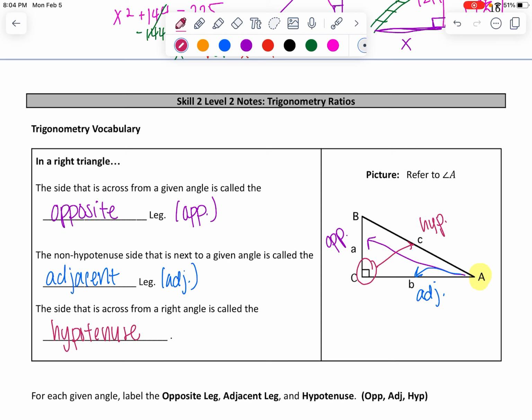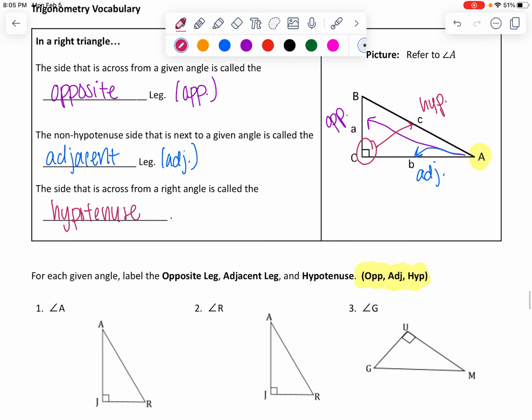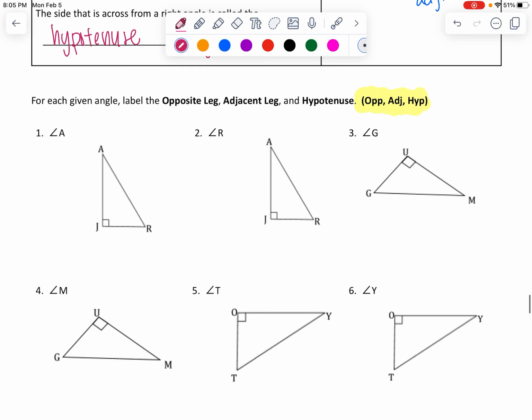Okay, now that we have all this labeled, let's move down to some of these example problems. It says for each given angle, label the opposite leg, adjacent leg, and hypotenuse. I'm going to abbreviate those big words as OPP, ADJ, and HYP. Oh, I forgot to add that one in over here. This time we're also referring to angle A. Let's start with our opposite leg.